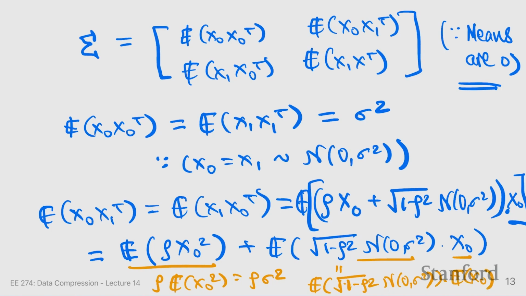But we know both of them have mean 0, so this term just goes to 0, and your final value just turns out to be rho times sigma squared. So your diagonal terms are sigma squared, and your non-diagonal terms are rho times sigma squared.